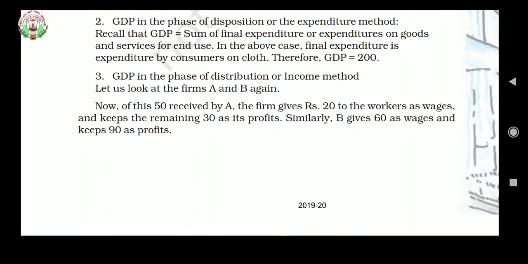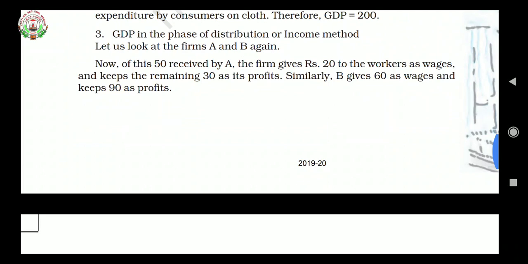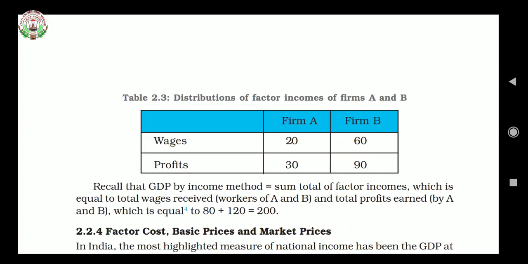Third, GDP in the face of distribution, or the income method. Let us look at the firms A and B again. Of the 50 received by A, the firm gives rupees 20 to the workers as wages and keeps the remaining 30 as its profit. Similarly, B gives 60 as wages and keeps 90 as profit. Table 3 shows the distribution of factor income of firms A and B: firm A, wages 20, profit 30; firm B, wages 60, profit 90.